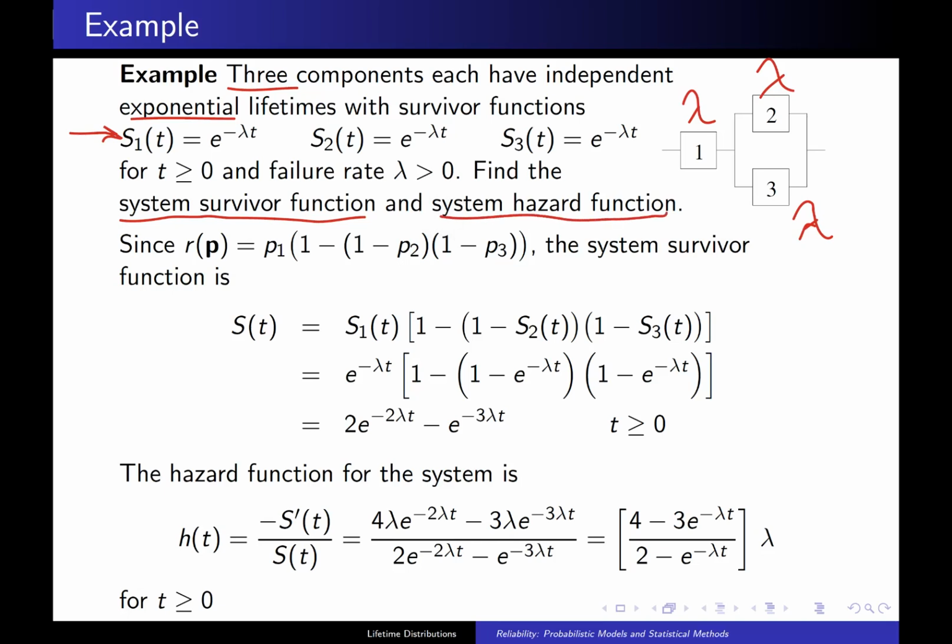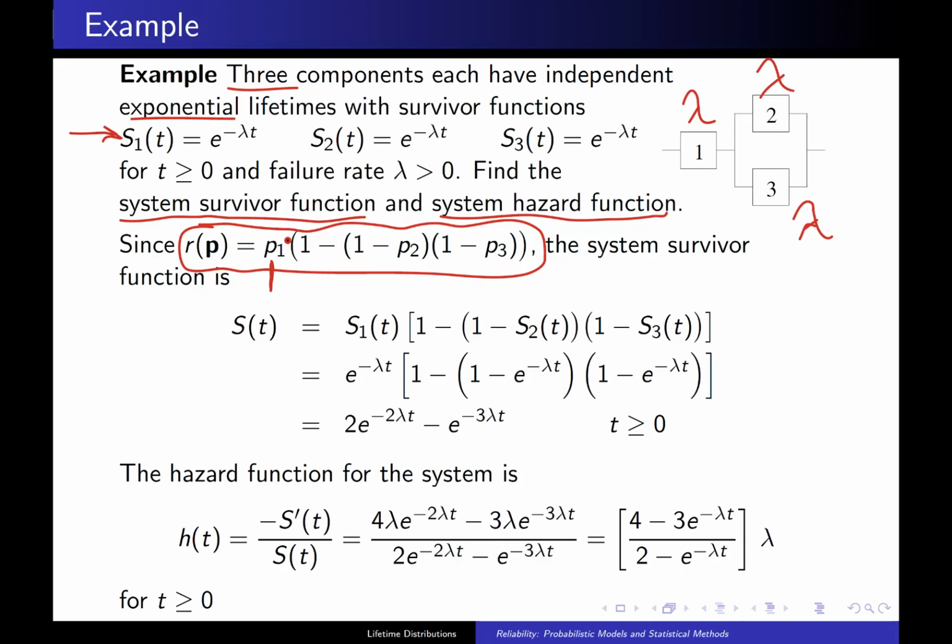So for this particular system, we know from the previous chapter that the reliability function is that quantity, where P1, the reliability of the first component, is in series with the parallel subsystem consisting of components 2 and 3. So P1 is going to get multiplied by (1 minus P2)(1 minus P3) to give the reliability function.